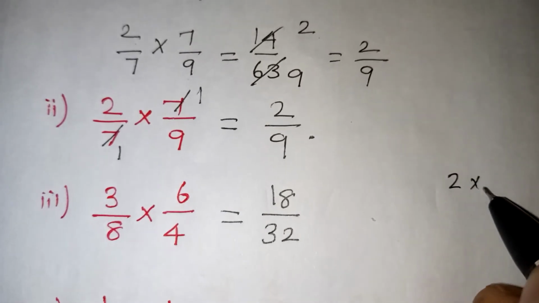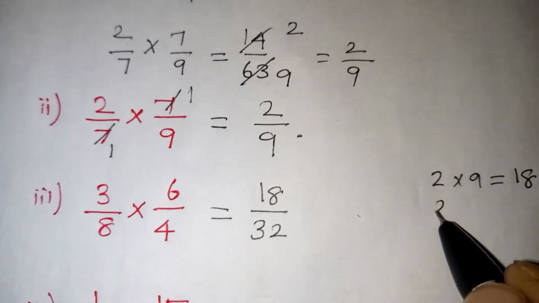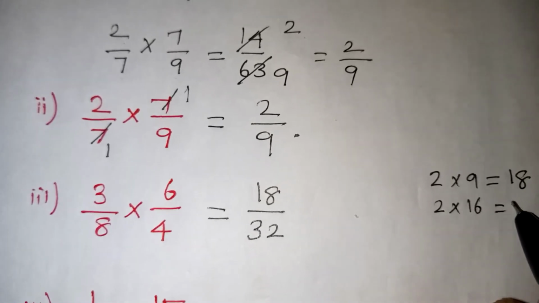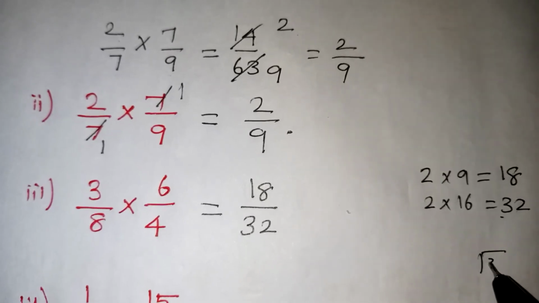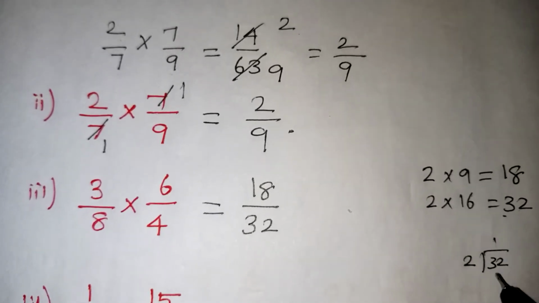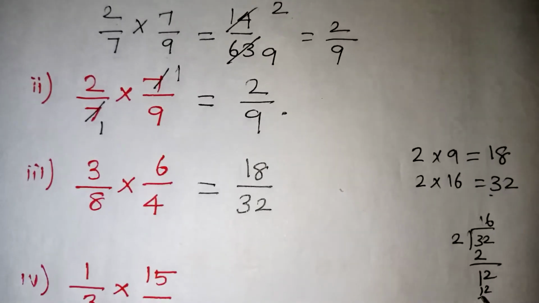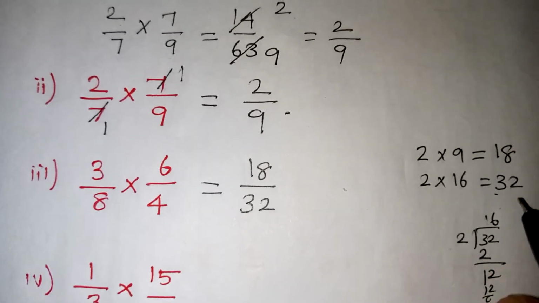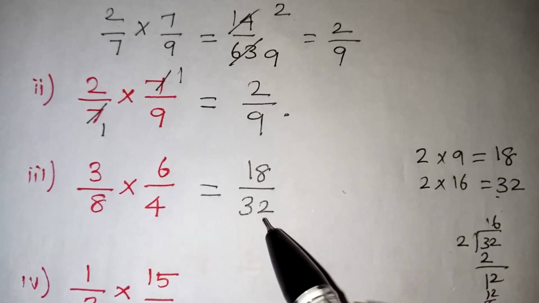We know that 2 9s are 18, and 32 is 2 16s are 32. If you don't know this, what you should do is divide 32 by 2 directly. So 1 2s are 2, balance 1, 2 and 6, 12, 0. So 16. 2 16s are actually 32. So this number also comes in the 2 table, this number also comes in the 2 table.